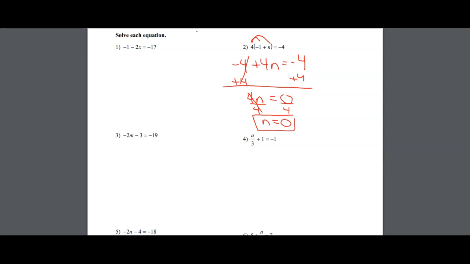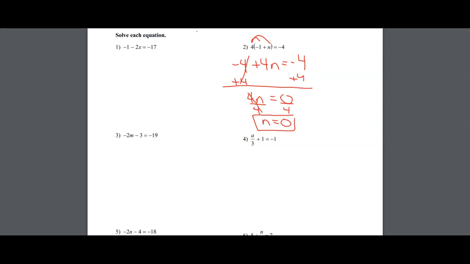So I get n is equal to 0. Perfectly acceptable method. You'll notice, though, that this actually took us 3 steps, right? 1 to distribute, 1 to add the 4 to both sides, and 1 to divide both sides by 4.